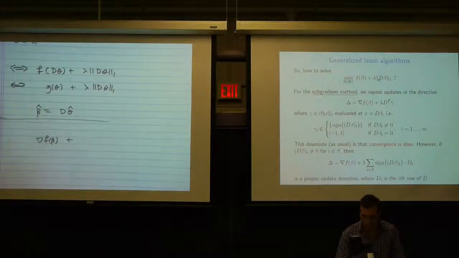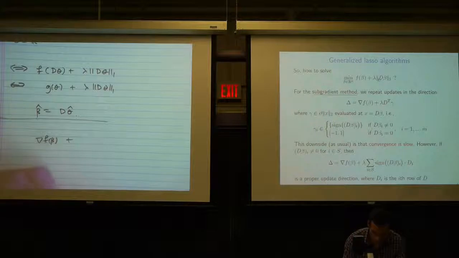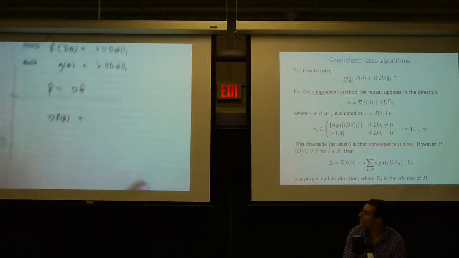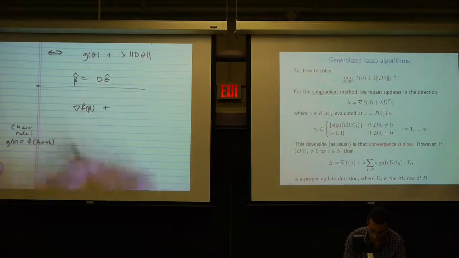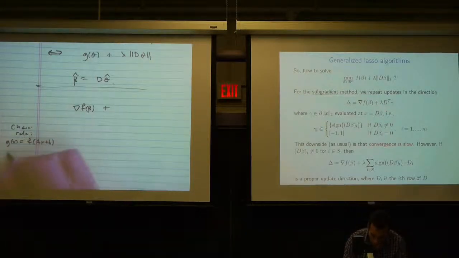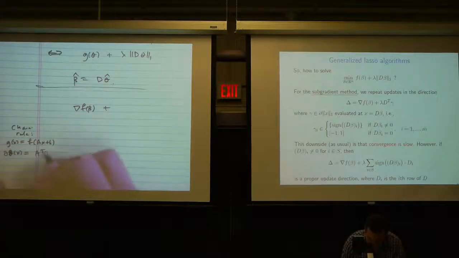So we had this chain rule for subgradients, which was that if I gave you a function g of x, which was f of Ax plus b, then subgradients of g of x were A transpose times subgradients of f evaluated at Ax plus b.